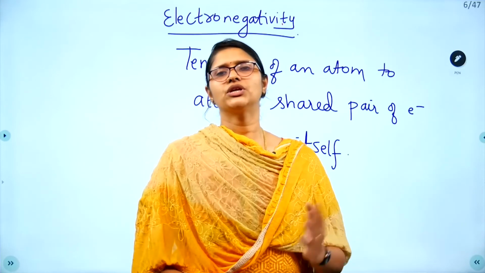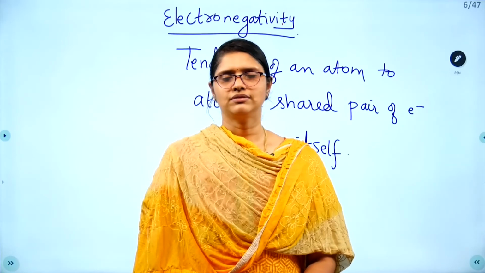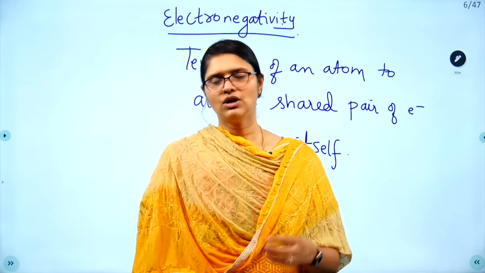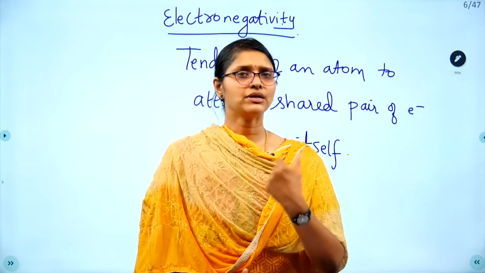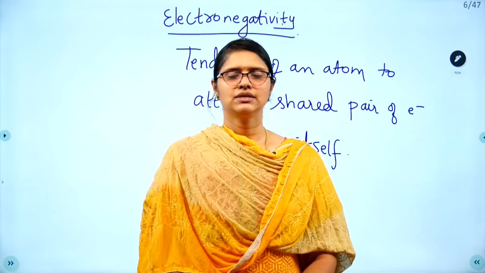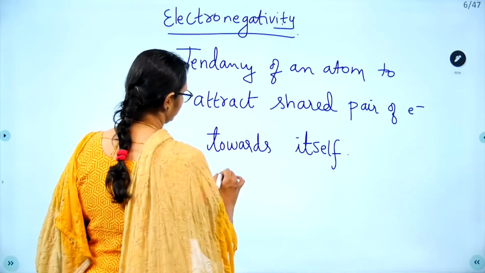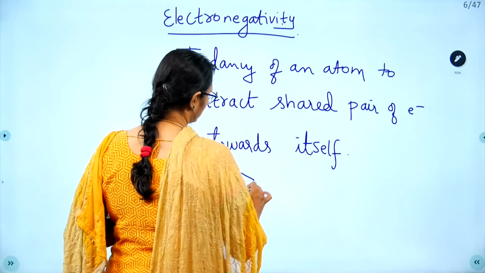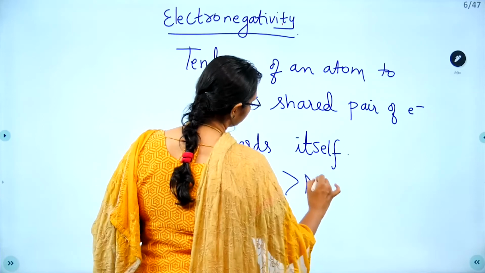So what happens when you go along the period? The electrons are added to the same shell. When electrons are added to the same shell, the nuclear charge will increase, and the tendency to attract electrons will also increase. The most electronegative element in the periodic table is fluorine. Next is supposed to be chlorine, but it is oxygen, then nitrogen, then chlorine.